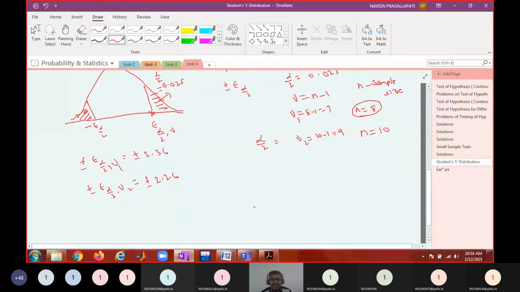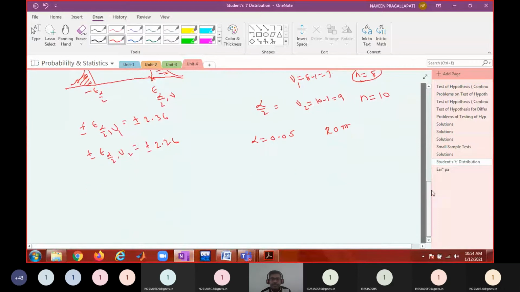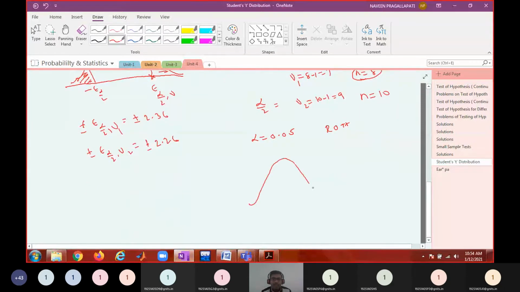Similarly, for the same level of significance, if you are choosing a right one-tail test, then what will be your critical value? Only one critical value. What is that? T alpha, with alpha equal to 0.05.